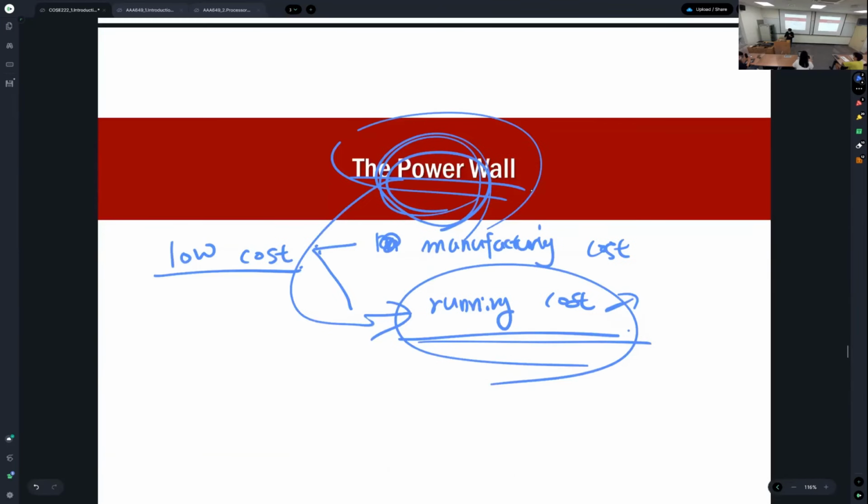In the previous class we also learned about the power consumption of a processor or a computer system. The CPU, the central processing unit, is the main component of our computer system, right? So when we talk about the power consumption of our computer system, traditionally we just focus on the power consumption of the CPU.